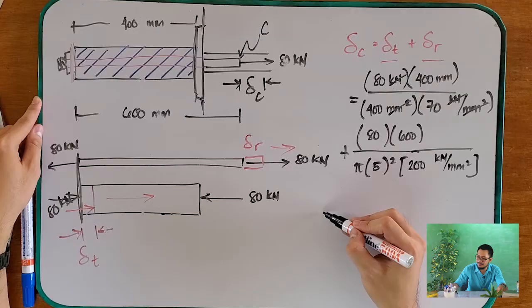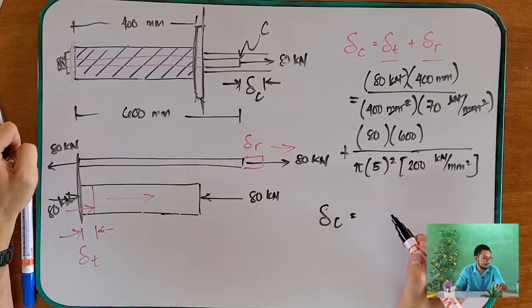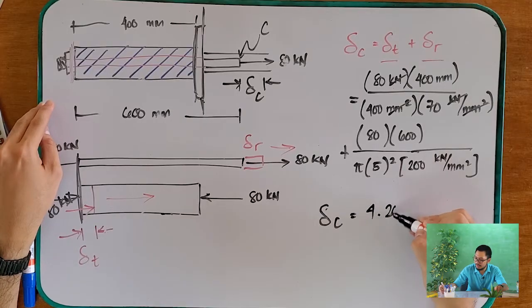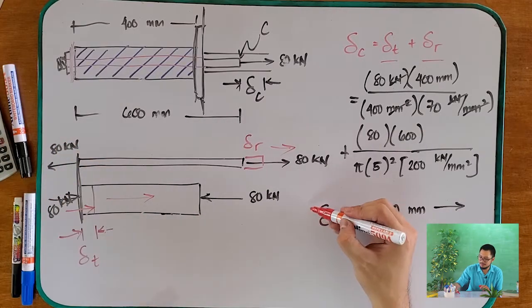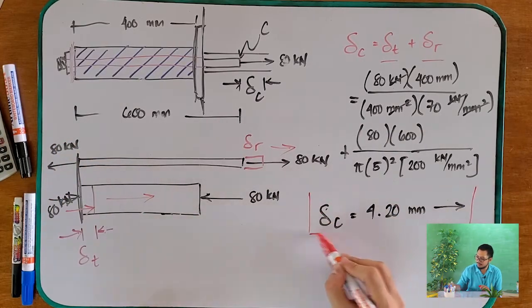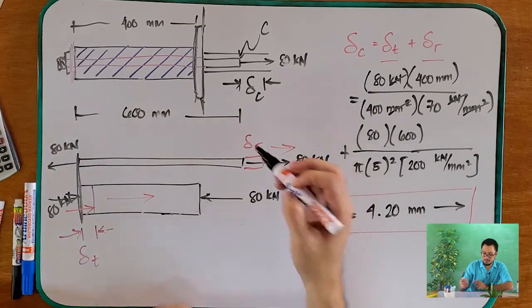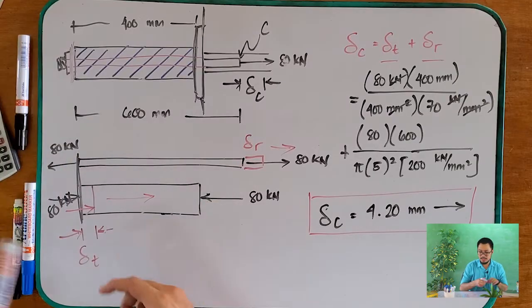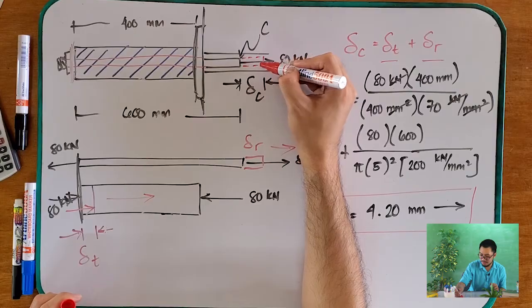Okay, so therefore your delta C is just equal to 4.20 millimeters, and that deformation is going to the right. Understood? So therefore, for our delta C, our assumption that it moves to the right is correct.